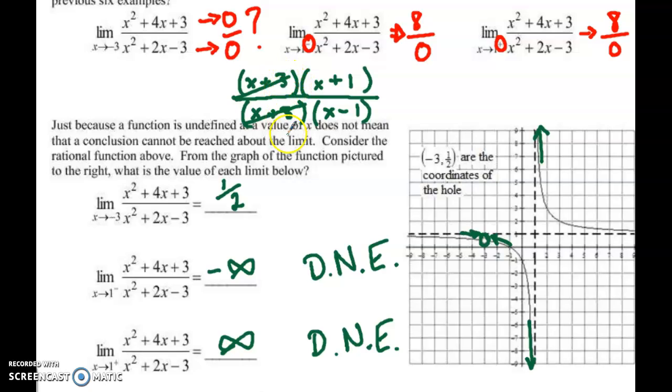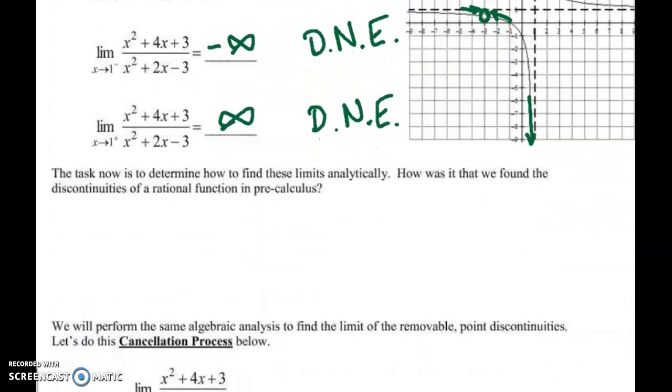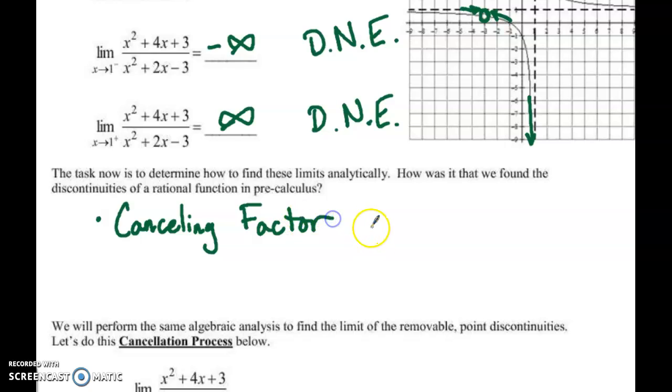Well, when we had a canceling factor, it created a hole in the graph. You know, that 0 over 0 created a hole in the graph. So it does have a limit. And that's exactly what we need to talk about here. So analytically, if we have a canceling factor, it creates a hole.